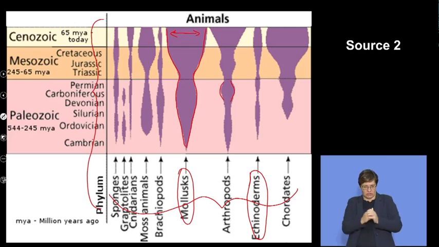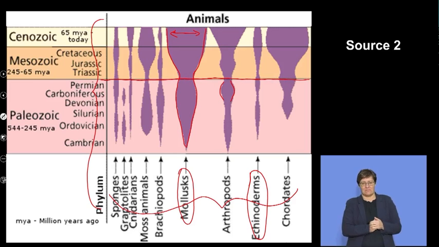One of the biggest changes in the size of the bars occurs here at the end of the Permian period. And we shouldn't be surprised at that, because we already know that at the end of the Permian period, there was this huge mass extinction which killed off many different types of species.